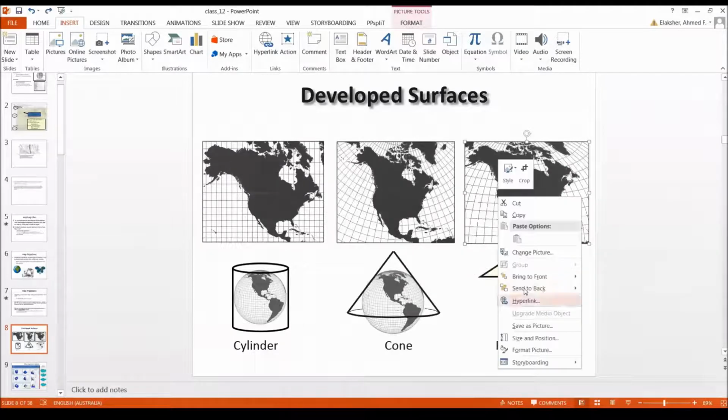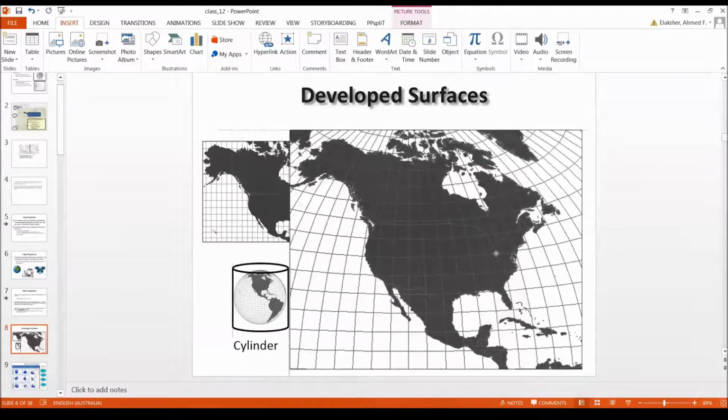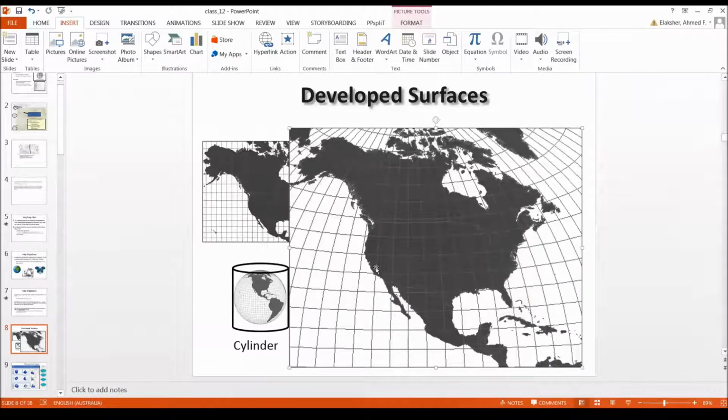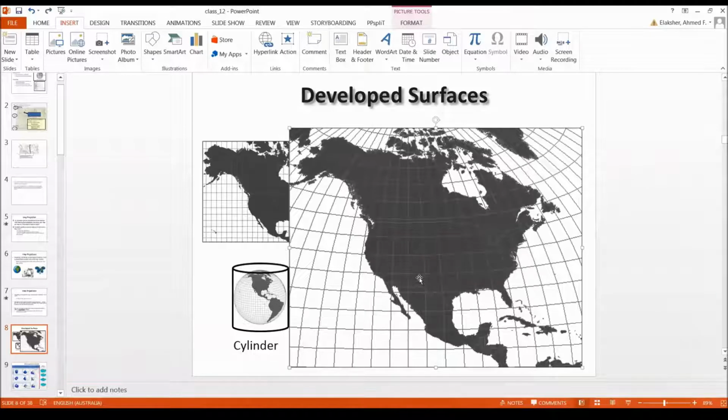If you look at this one, the azimuthal, this is how it looks. You see the distances here, how they are increasing, but you still get your North Pole. Another interesting thing about this one is you see how it looks somehow curved.